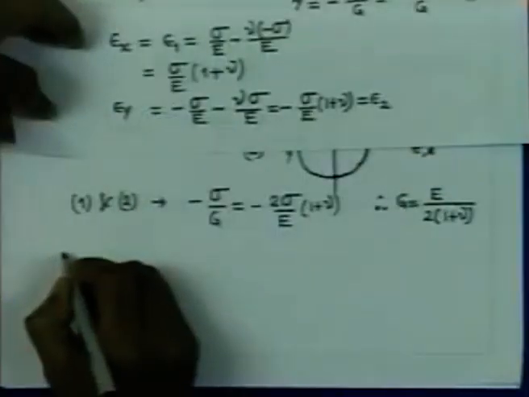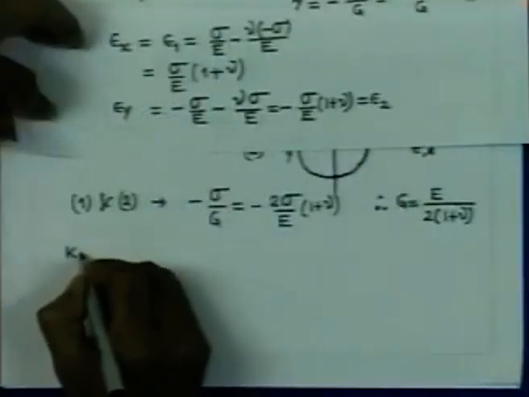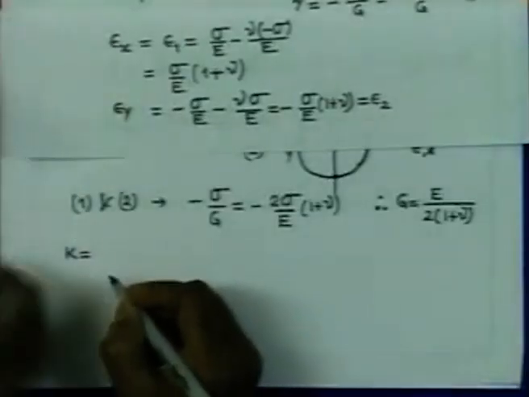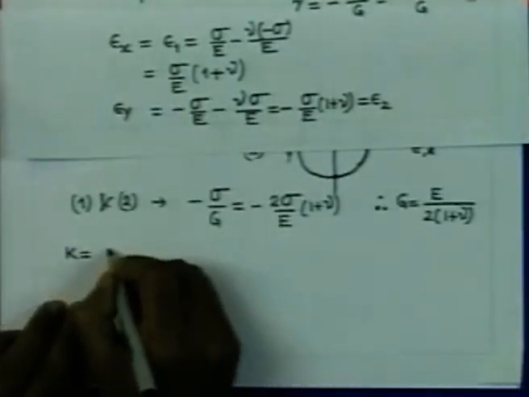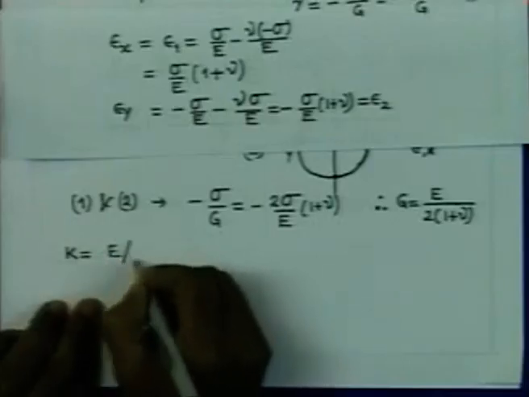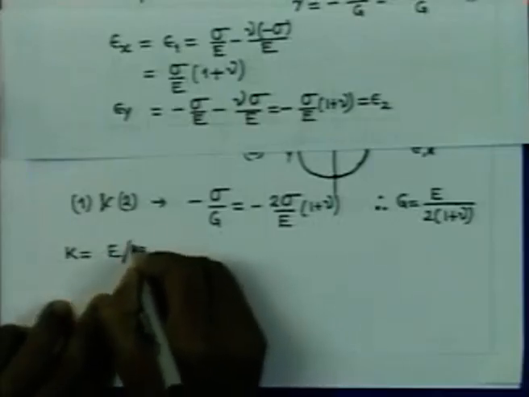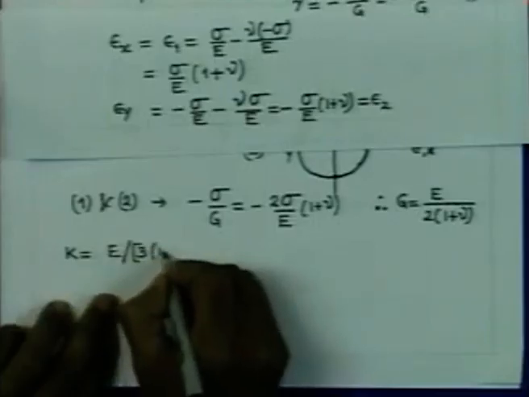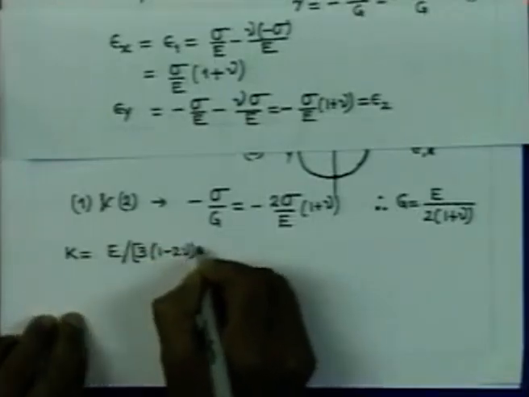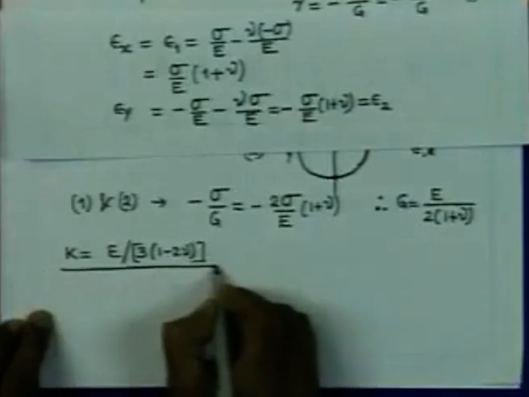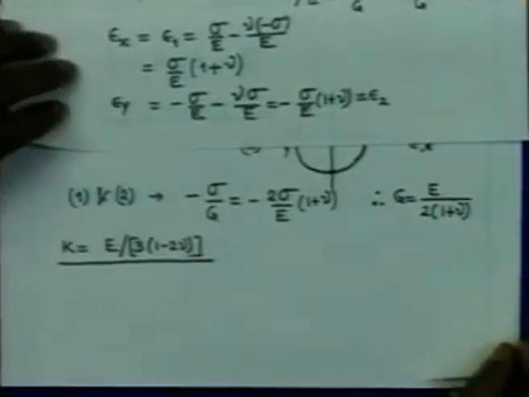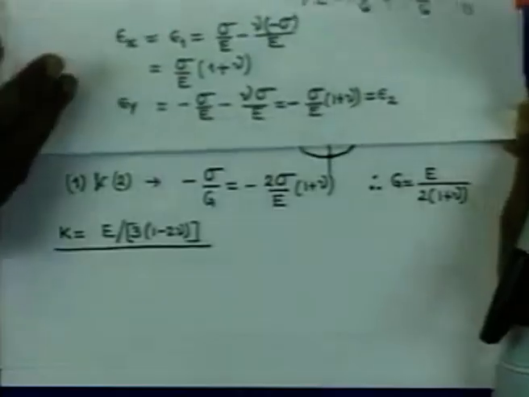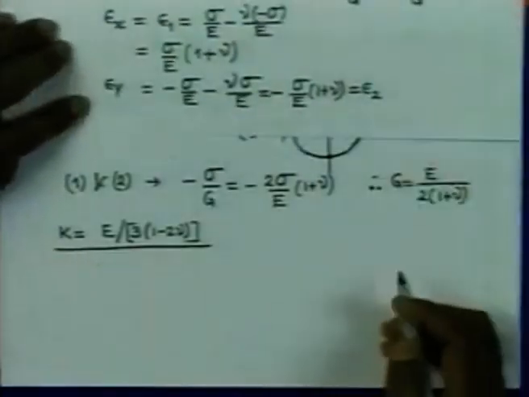Now, we would like to consider the relationship between K, E and nu. So, we would like to establish that this K is going to be given by E by 3 into (1 minus 2 nu). So, we would like to derive this relationship. This K is bulk modulus.